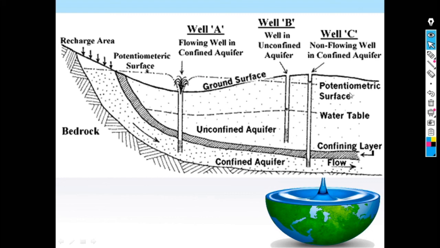This is an imaginary surface, right? Again, there is a non-flowing artesian well in a confined aquifer. As its mouth is above potentiometric surface. This is a water table for an unconfined aquifer. And again there is a bedrock which is again confining strata.